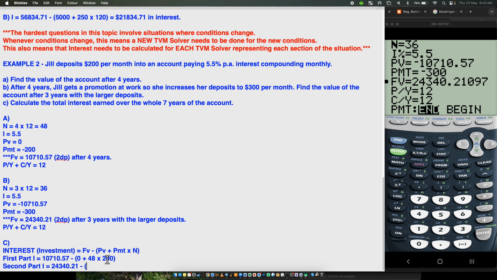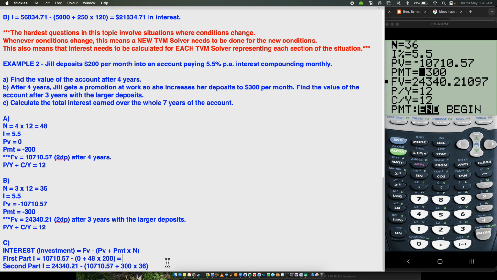And then $10,710.57. I'll do it properly this time though, thank you. Plus 300 payments, $300 payments 36 times.